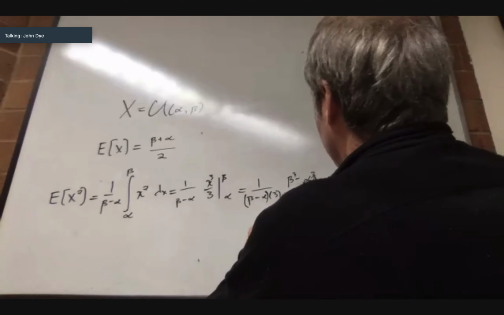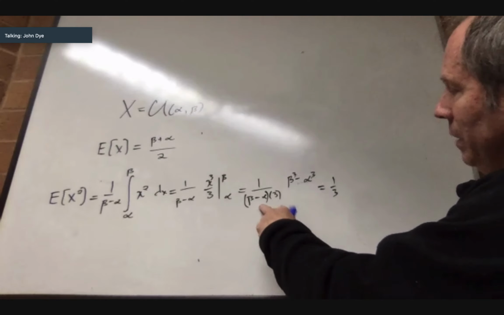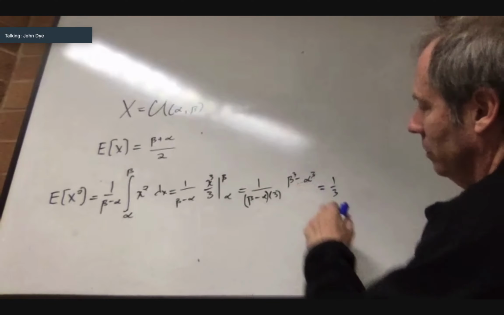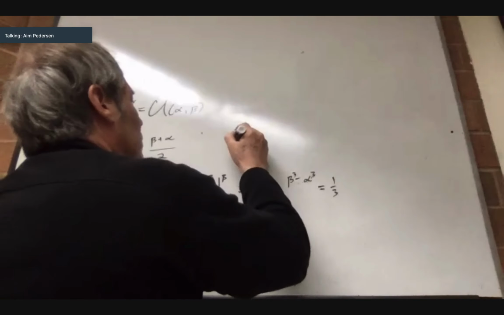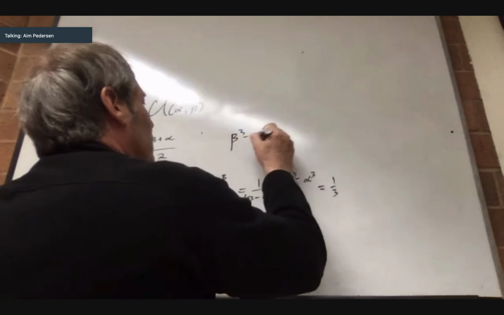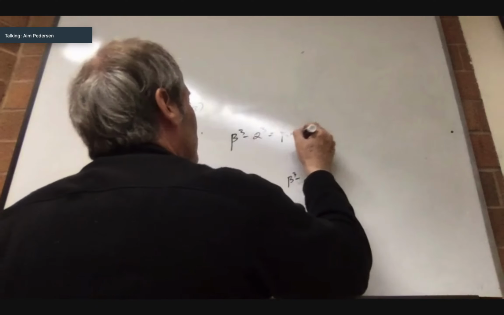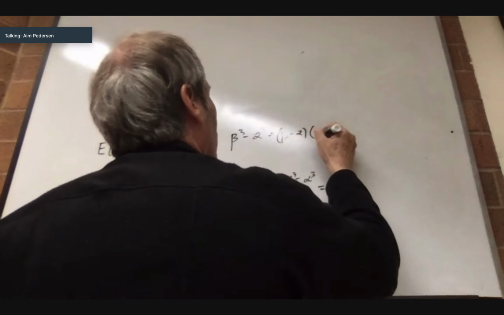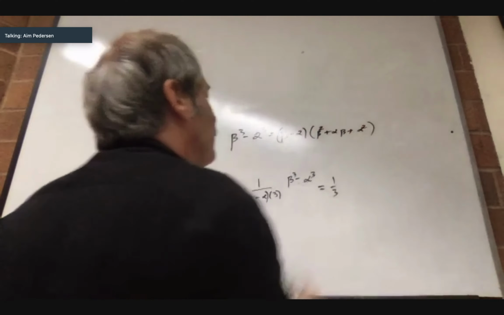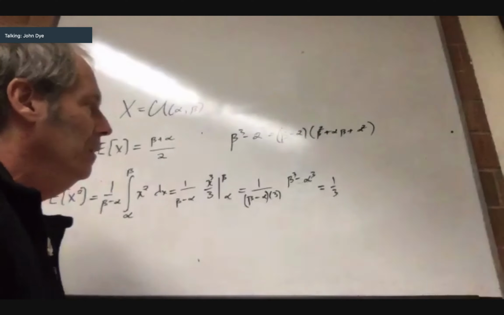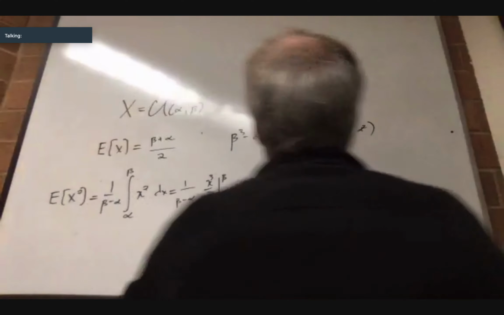So there's a 1/3, but then the beta minus alpha. Now I have to do something in my head. How does that factor? Okay, you're going to get the quantity beta minus alpha, times the quantity beta squared plus alpha beta plus alpha squared. Yes, exactly. Right.